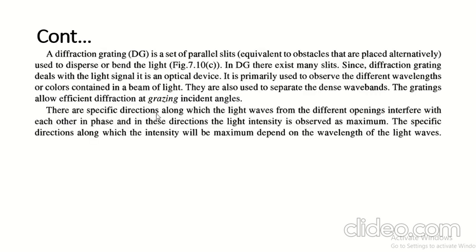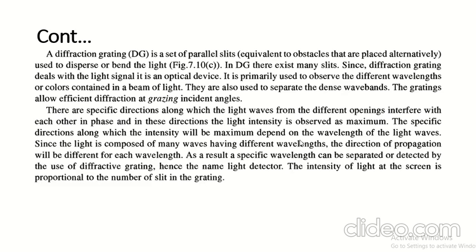There are specific directions along which the light waves from the different openings interfere with each other in phase, and in these directions the light intensity is observed as maximum. The specific directions along which the intensity will be maximum depend on the wavelength of the light waves.